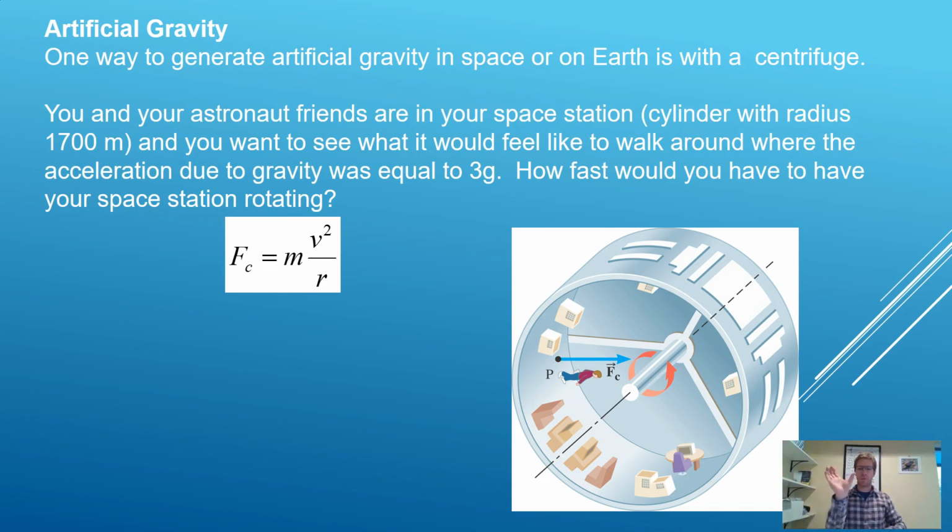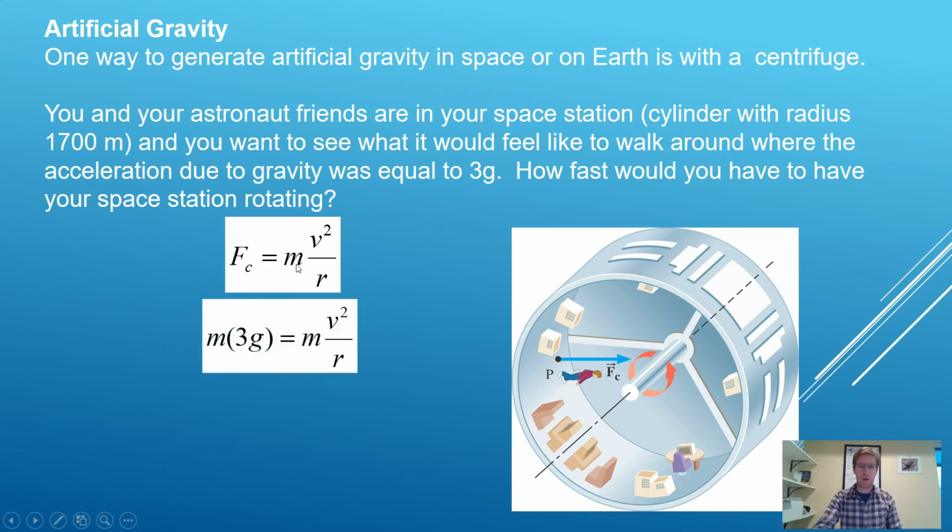This is a confusing one, but as the person's sitting there, the space station is pushing on them against their inertia, giving them a normal force, which is supplying their centripetal force. The centripetal force is mv squared over r, and we want that normal force to be equal to 3 times the normal gravity on Earth. So it's their mass times 3g equals mv squared over r.